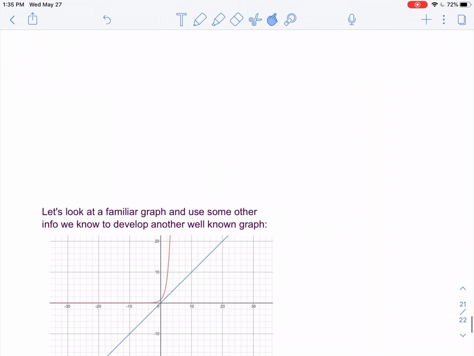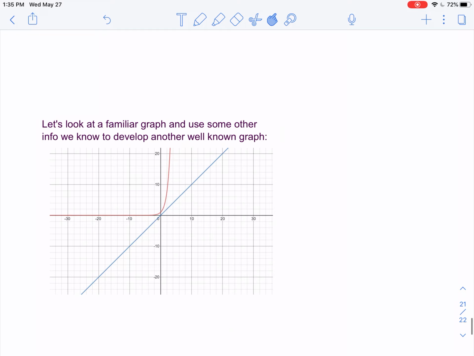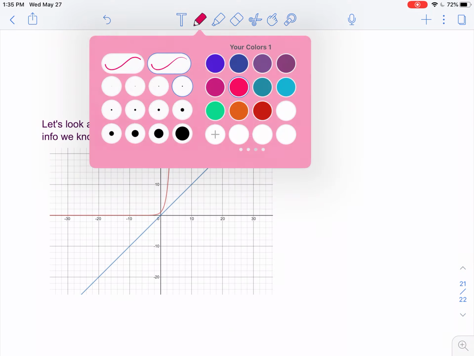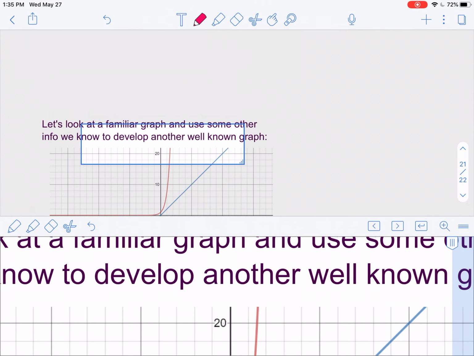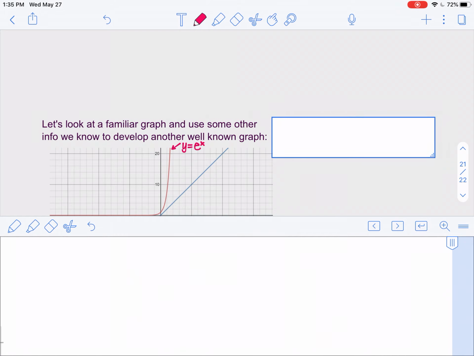So let's look at a familiar graph and use some other info we know to develop another well-known graph. My hope is after that previous slide you recognize that this right here is the graph of y equals e to the x. We just had a conversation about that. The idea here is we know that inverses undo each other, so we want to think about what undoes e to the power of something, and that's the natural logarithm, aka ln.